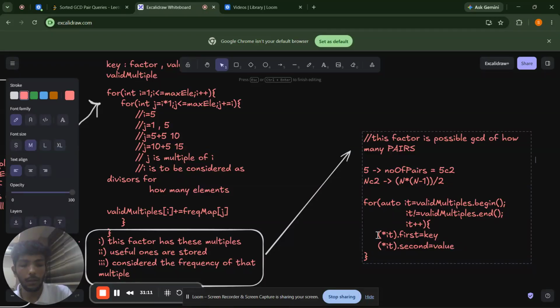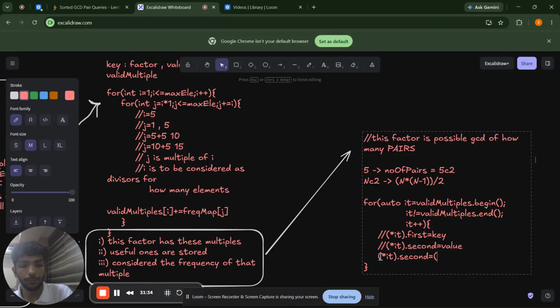Okay. Now what we currently have here is the list of possible elements. So now we will modify here only star it dot second. Let's copy it.